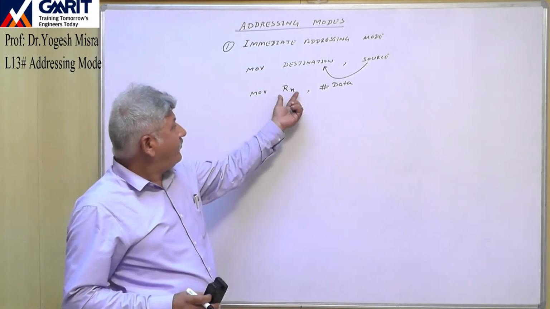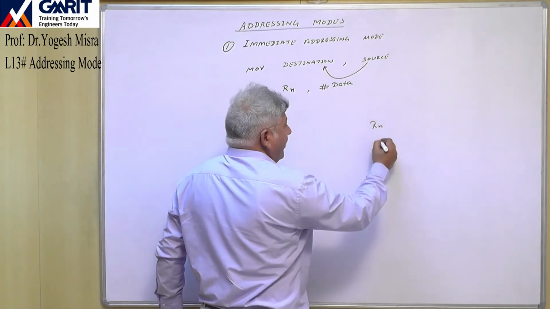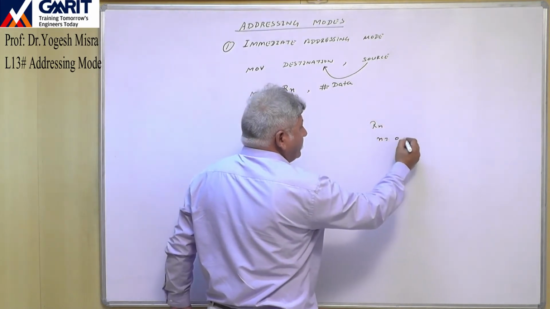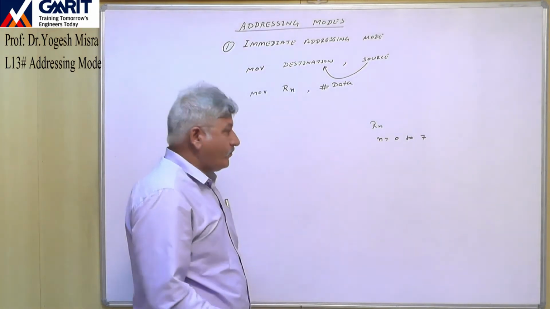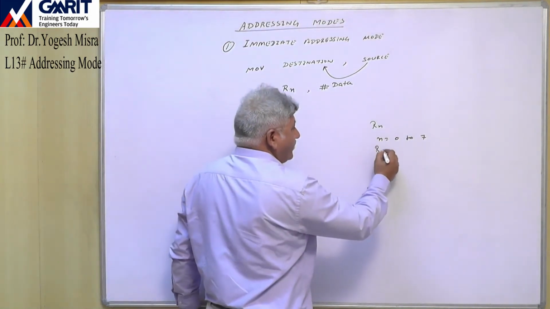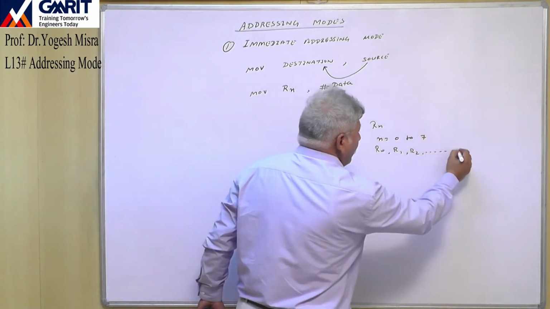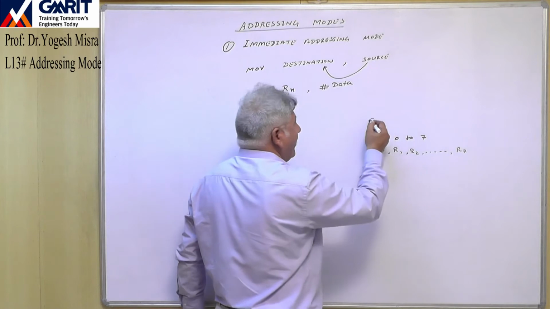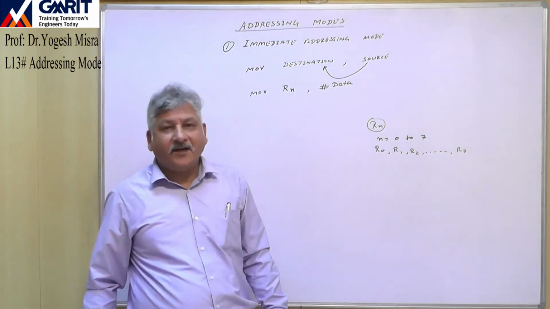Here in Rn, n is equal to 0 to 7, meaning R0, R1, R2, up to R7. So here Rn indicates the bank registers R0 to R7.